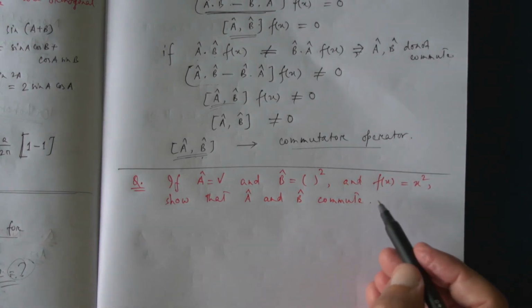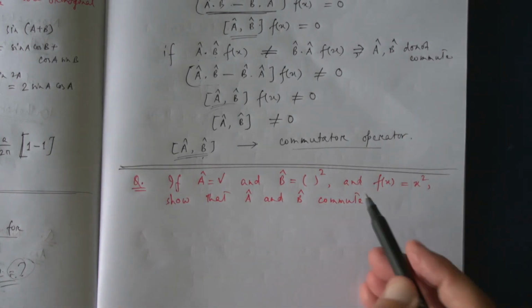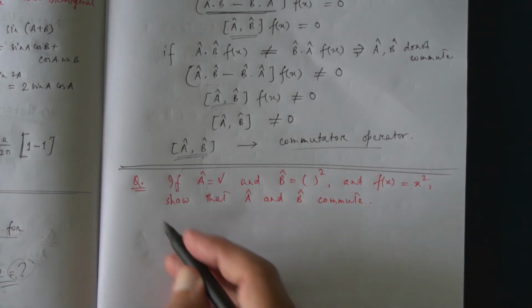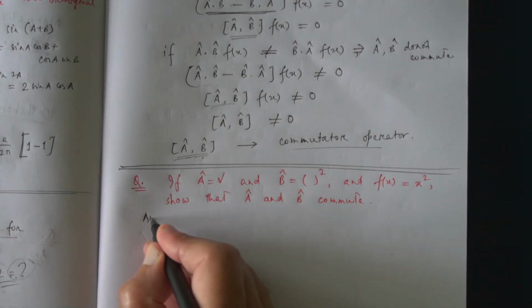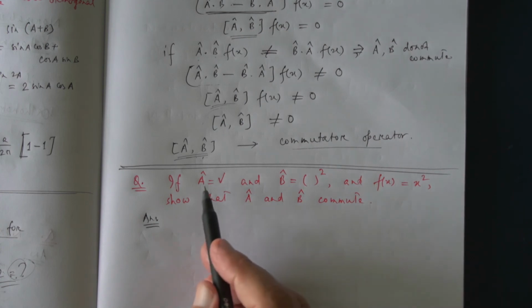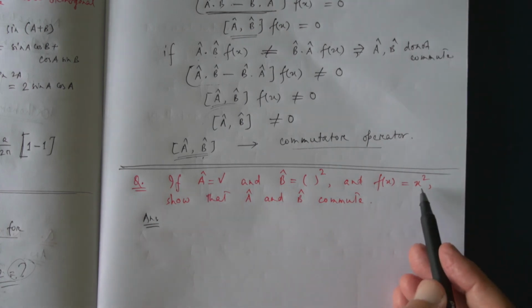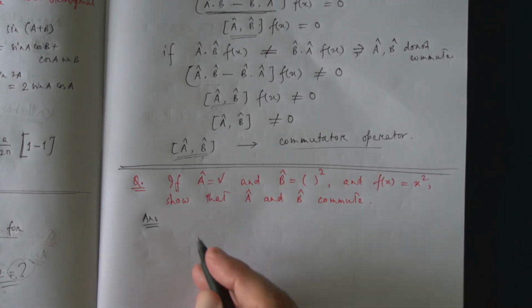You can do it yourself, not difficult at all. Everything is given: A given, B given, f(x) given. So you can easily do it.